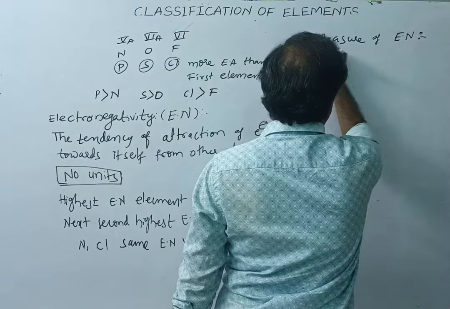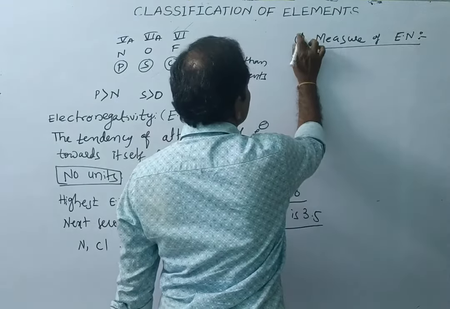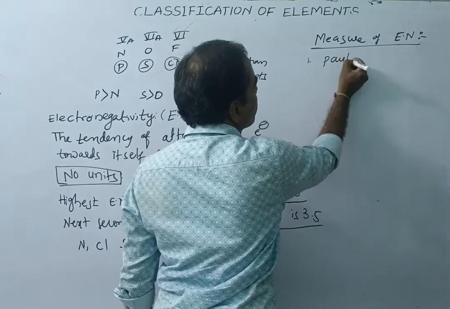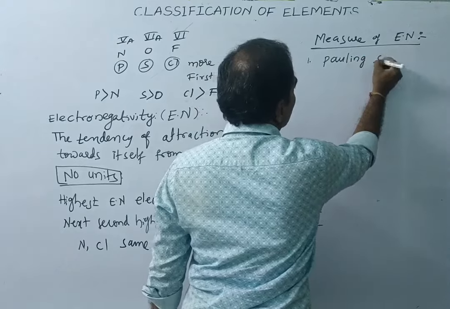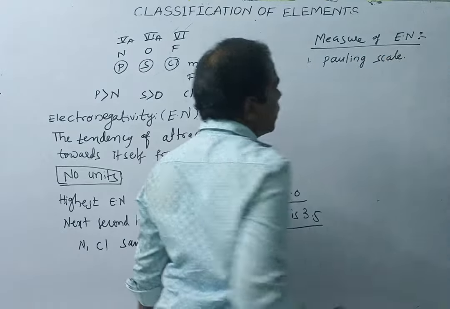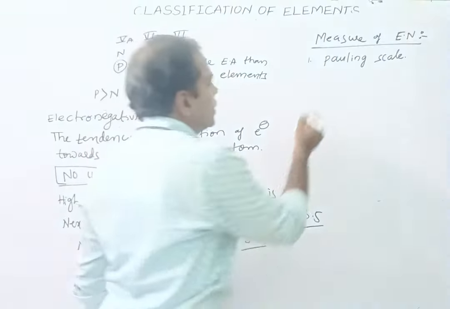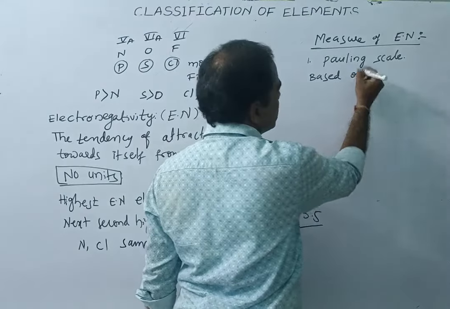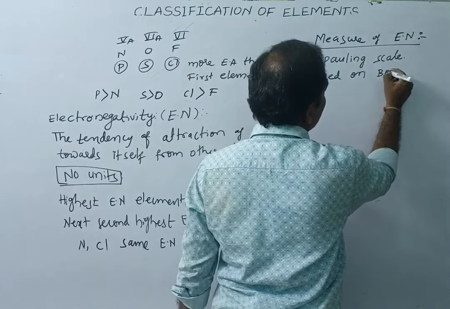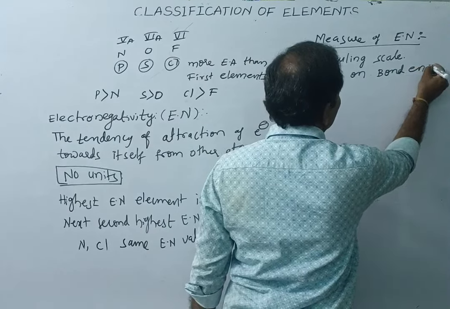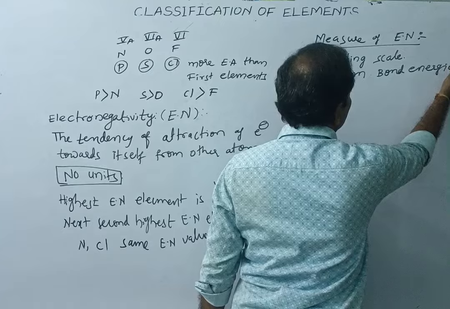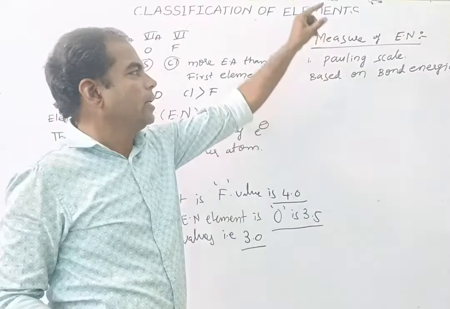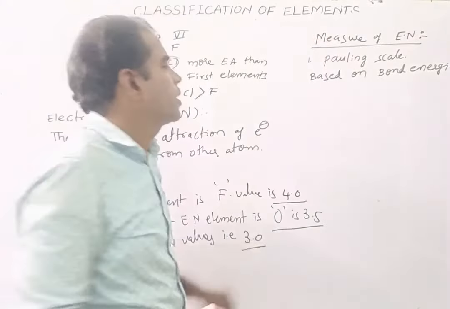According to the Pauling scale, En values are calculated based on bond energies. Pauling scale: En values can be measured based on bond energies.